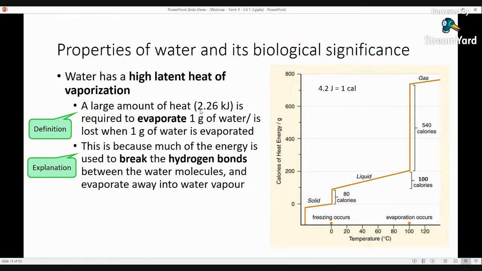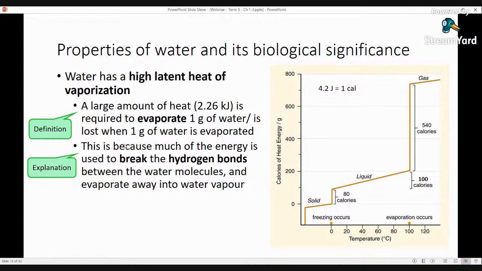It is 2.26 kilojoules for 1 gram, which is much higher than 4.2 joules. You can compare by looking at this graph. To vaporize water from liquid to gas, a large amount of energy is required here. The 540 calories is equivalent to 2.26 kilojoules.